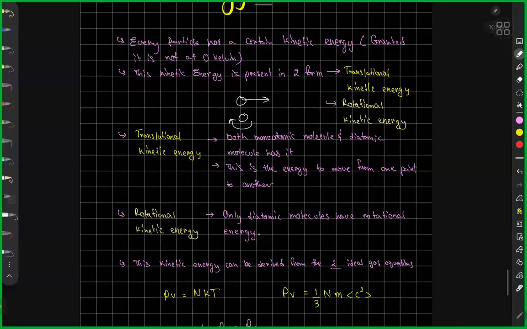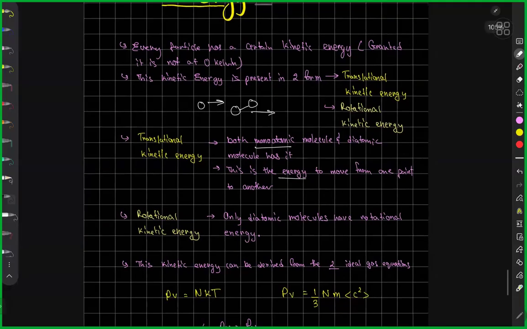So, the translational kinetic energy can be seen for both monoatomic and diatomic molecules. So, if I have a monoatomic molecule or atom over here, and I have a diatomic molecule which is connected by a bond, both of these can translate from one position to another, and that is translational kinetic energy. So the energy to move from one point to another, that is one form of kinetic energy.